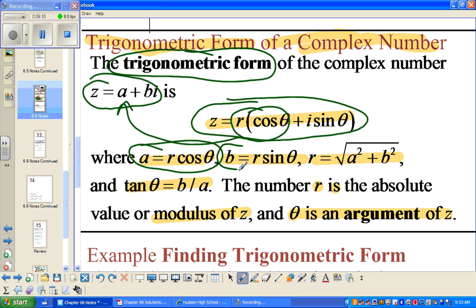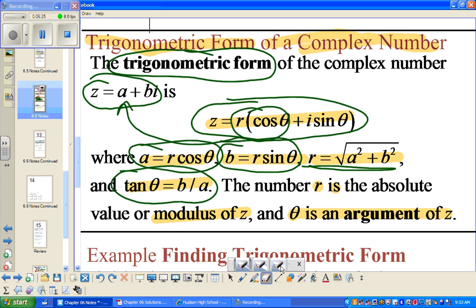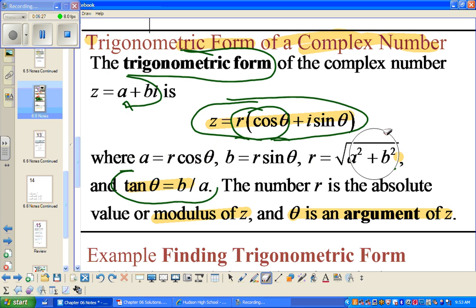I guess I have those written down right here. So with that in mind, along with how you get r, the square root of a squared plus b squared, and how you get theta, where tangent theta equals b over a, maybe I'll erase some of this so you write those key things down.